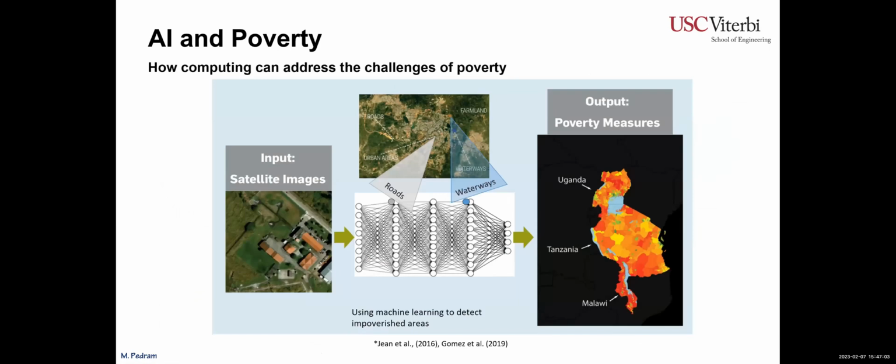People have used AI to identify from satellite images and some other information, perhaps exactly where the pockets of poverty are.